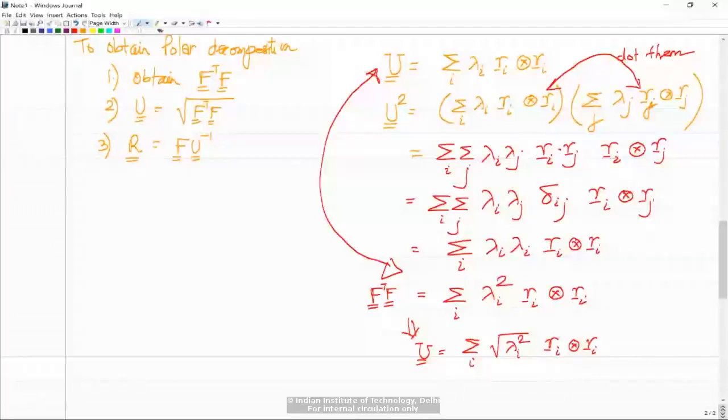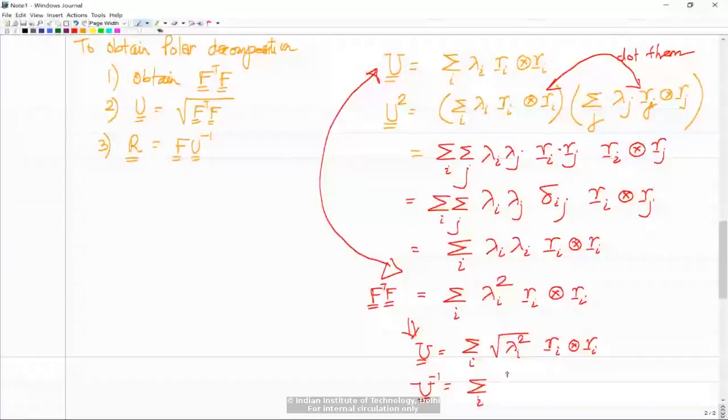And how to take the inverse? It turns out inverse is also easier. U inverse. So once you have the eigenvector of F transpose F, the eigenvector of U is also the same, and U inverse also has the same eigenvector. And it turns out U inverse has this decomposition, summation over i.